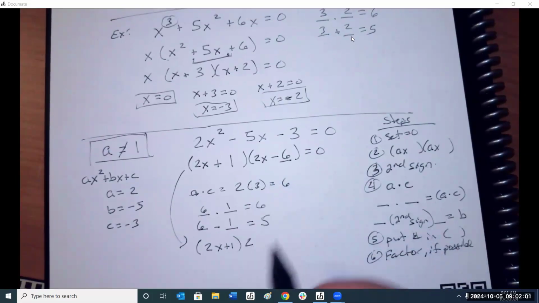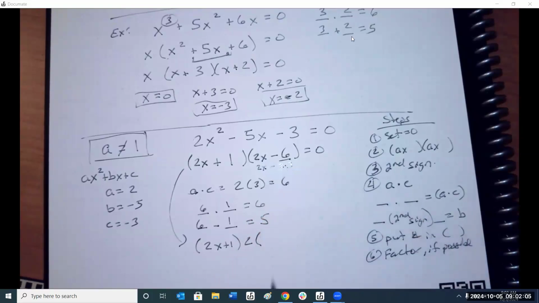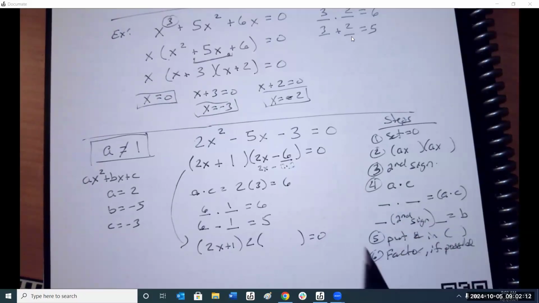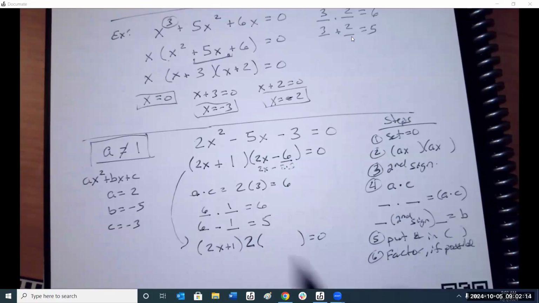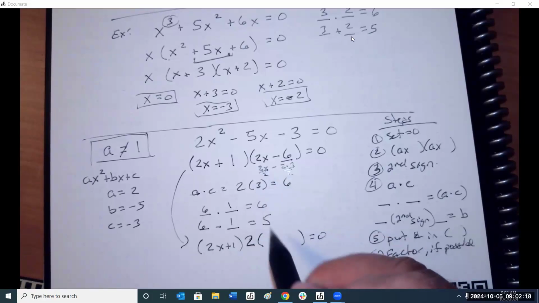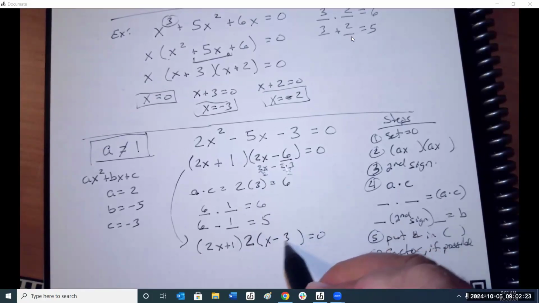They both have a 2 in common, because this is 2x, this is 2 times 3. I can factor out a 2. So what goes inside the parentheses? Divide both of these. So the 2's cancel, so we have an x, minus, the 2's cancel, so we have a 3.